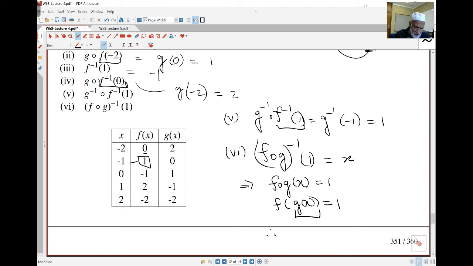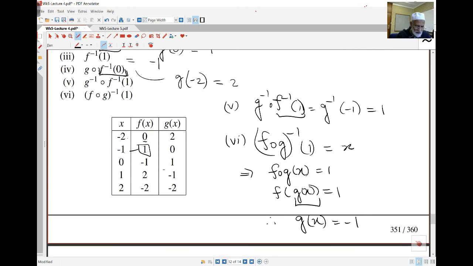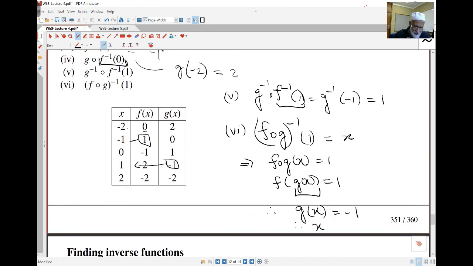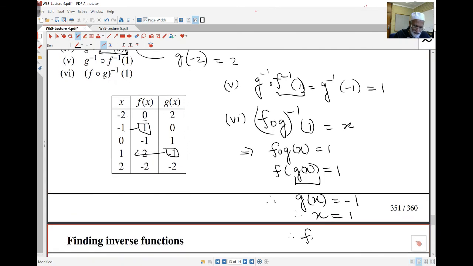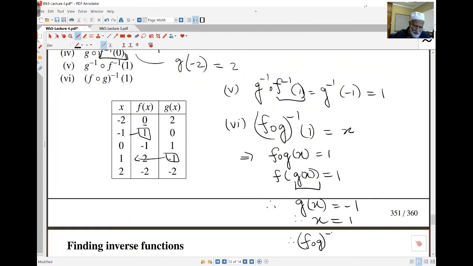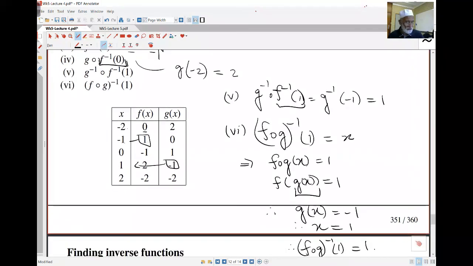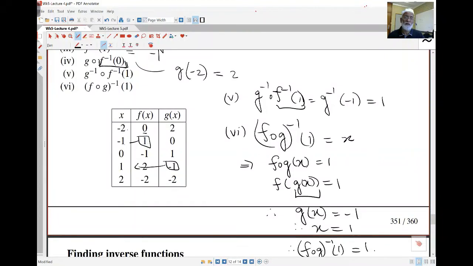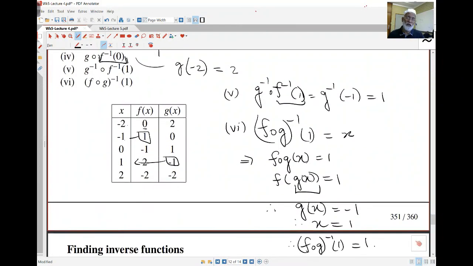That means that g of x must be -1, and g of x is -1 at 1. So what I found here is f of g inverse at 1 is equal to 1. Tricky table, tricky to work with, but take care, you'll be okay. Have a good look at that one.